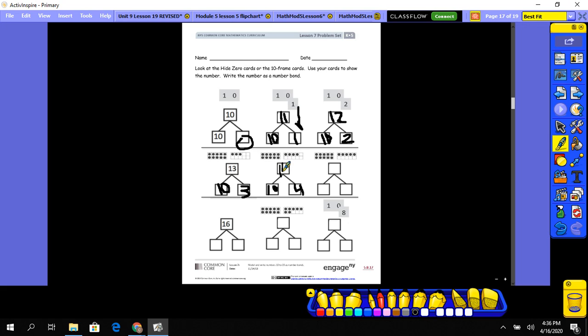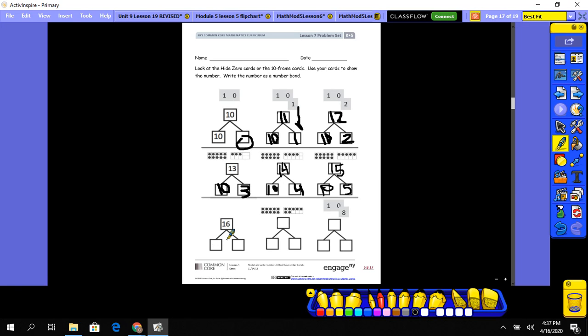You are a mathematician magician. Next one, I see a group of 10 and a group of 5. What are the two parts? 10, 5. What's the whole amount? 15. Great job, Cardinals.